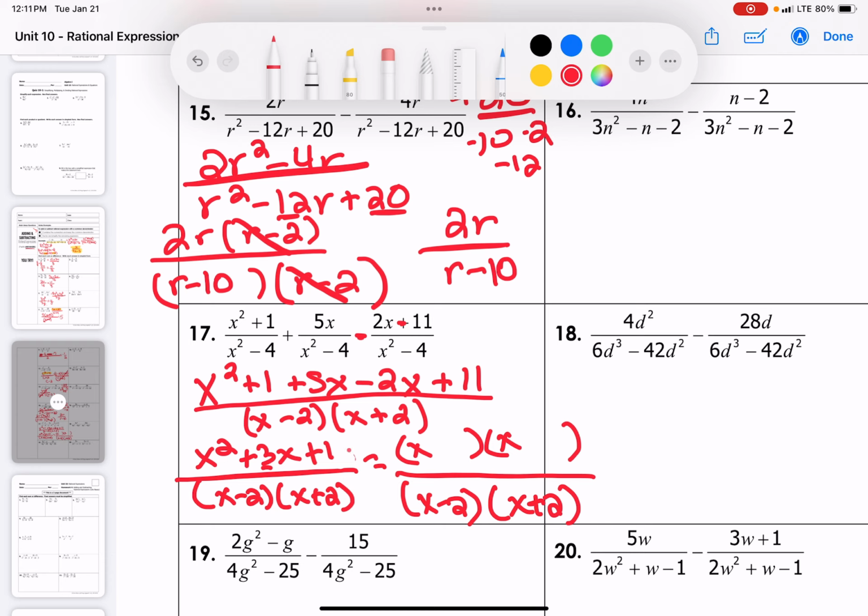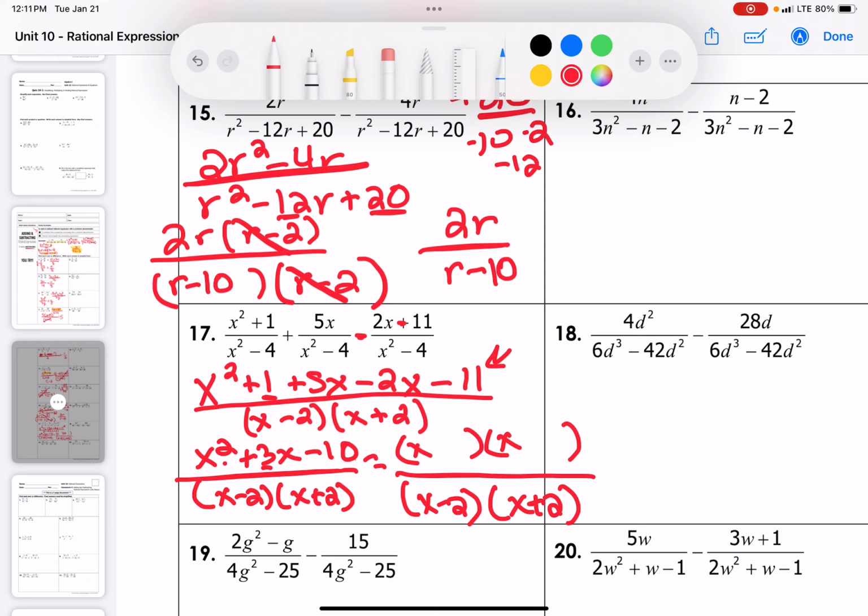So this should have been a positive 10, and this should have been a minus 11. There we go. So now 1 minus 11 is going to give me a positive 10. Oh wait, that still doesn't work. Oh yeah, that's right. This should be a negative 10. My fault. Okay, so let's redo this now.